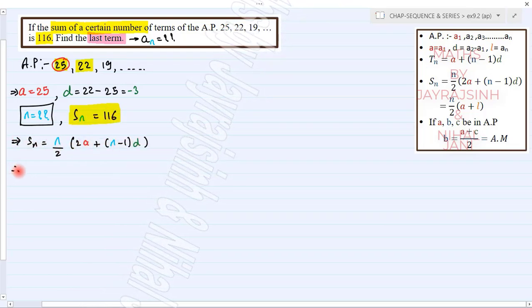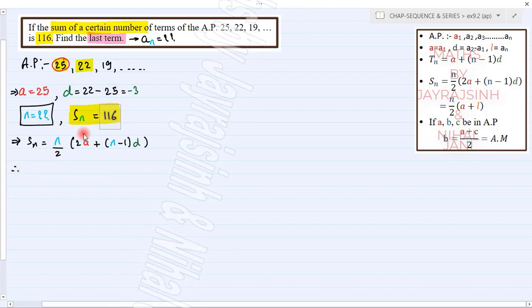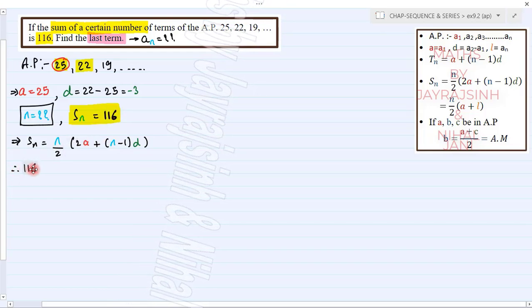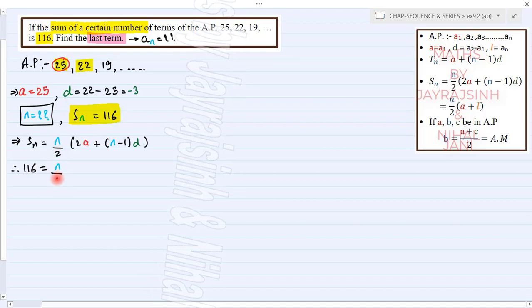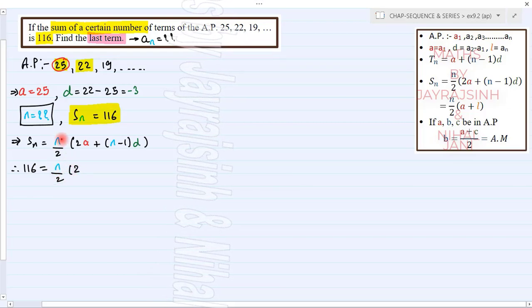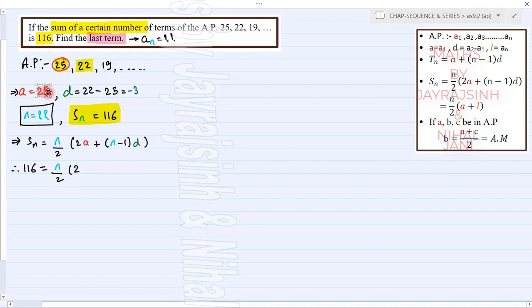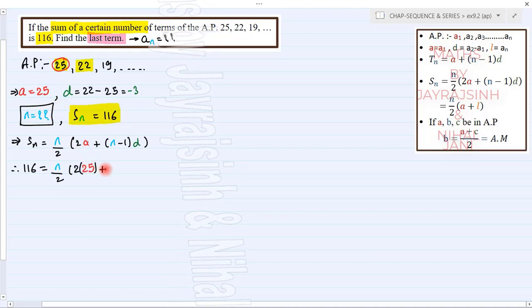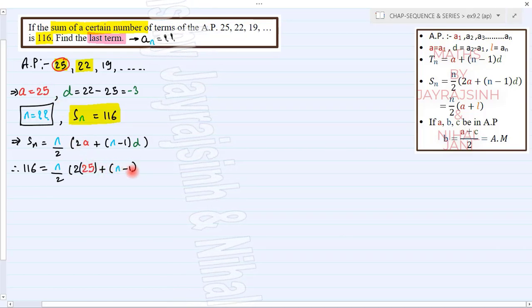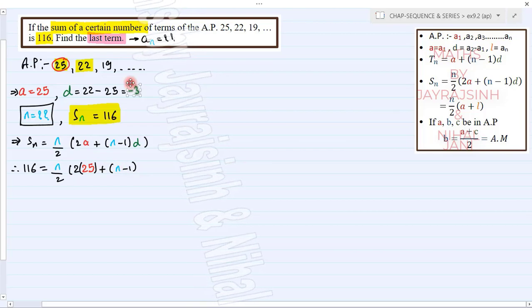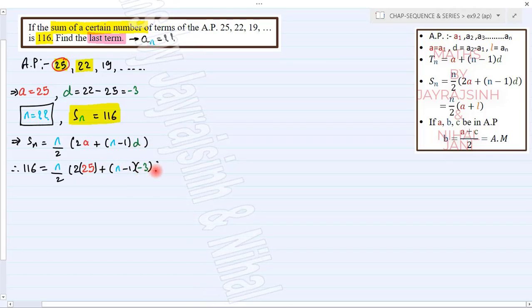Now let's substitute the values. Your Sn is 116 and your n is unknown. Then n by 2 times 2 times first term, which is 25, plus n minus 1 into your common difference, which is minus 3.